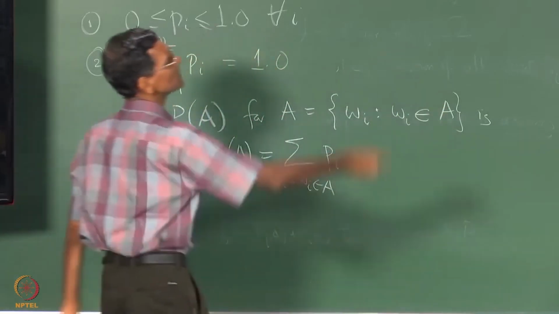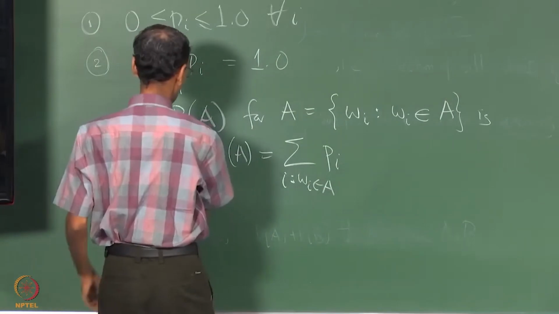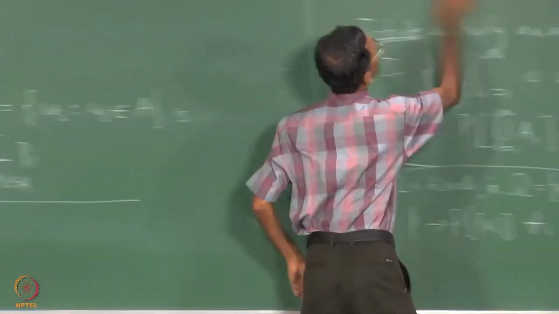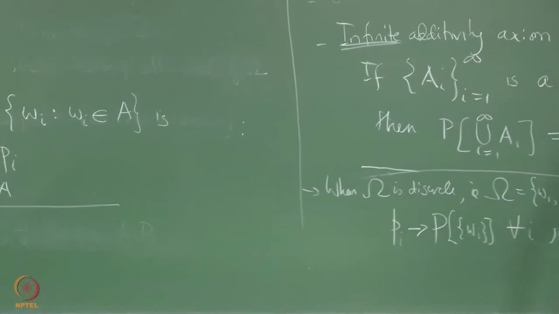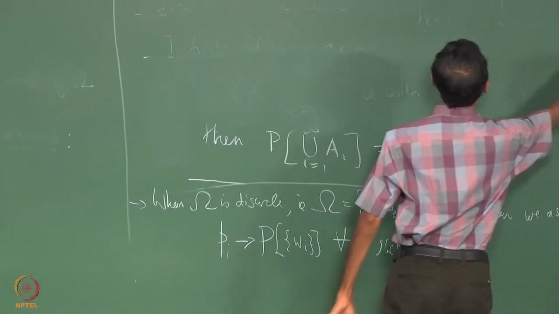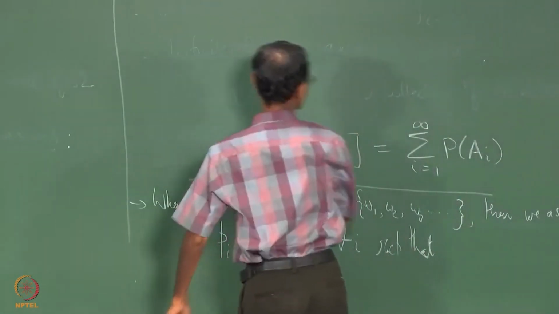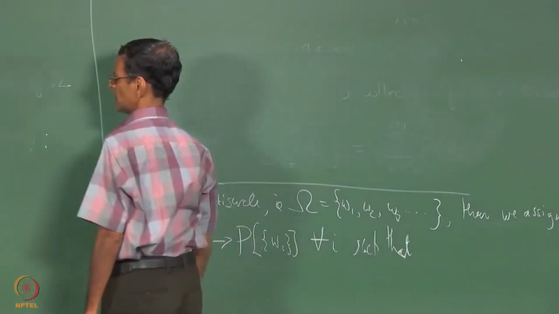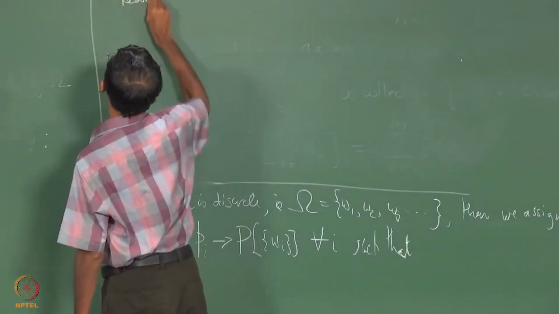Since small n is out there, let me so what is the real world connection?